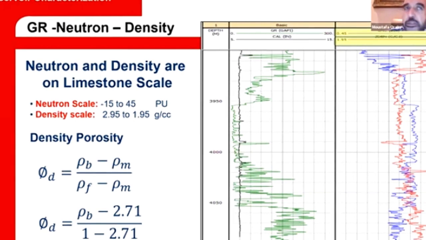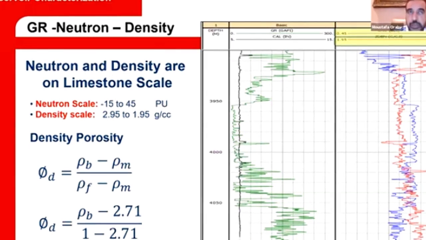So the gamma ray has nothing to do with this, and that's why it's isolated in one track. But the neutron and the density have a lot to do with the lithology, and that's why they are combined in one track. For consistency, you have to fix the scale. So if the scale is limestone scale, both have to be on limestone scale. Do we all agree on this?